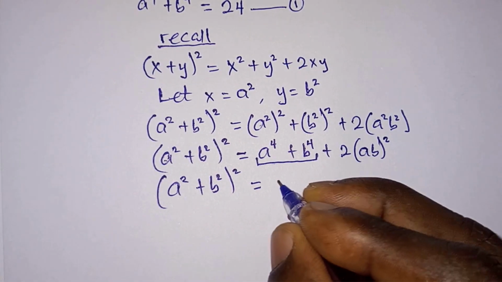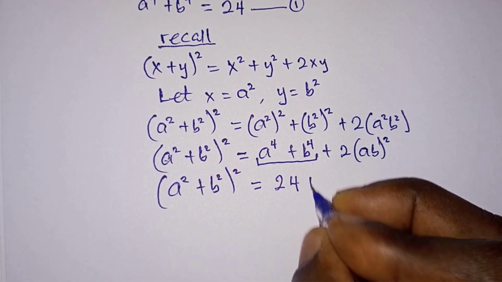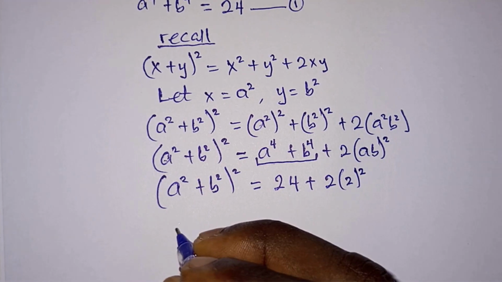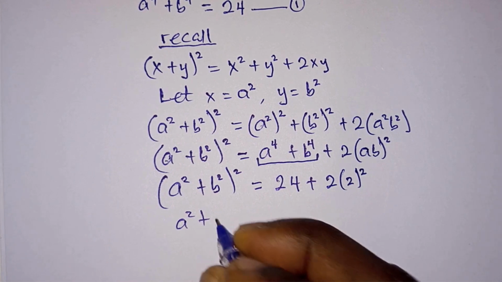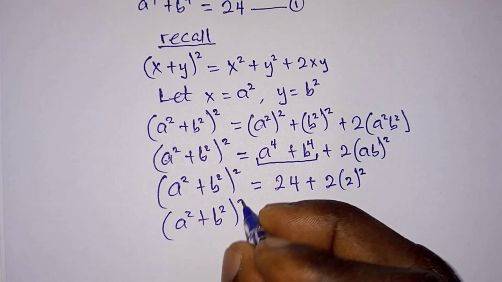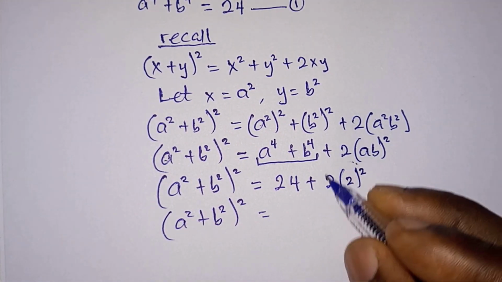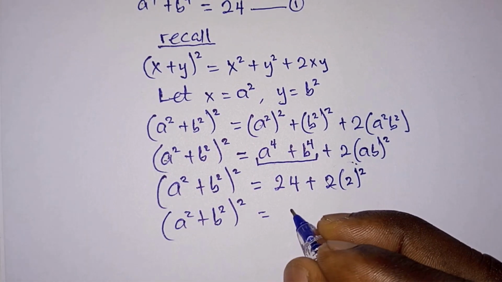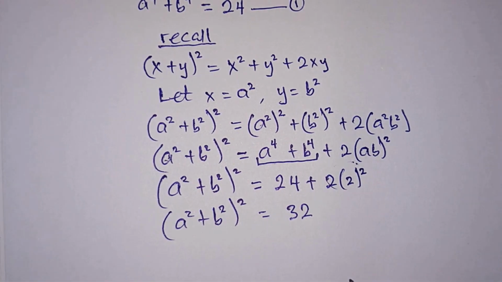So we're going to have 24 plus 2 times 2 to the power 2. Therefore, a squared plus b squared all squared is equal to, this whole thing gives us 8, and 8 plus 24 is 32. So we're going to have 32 here.